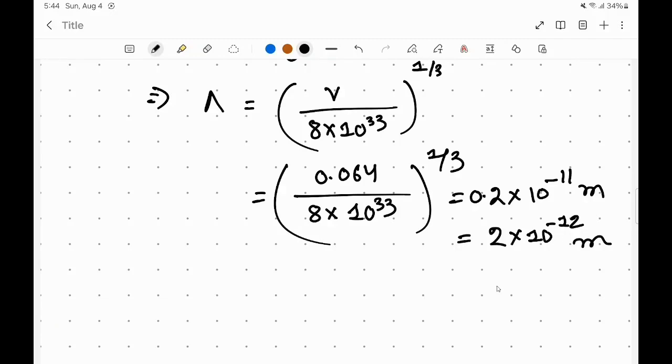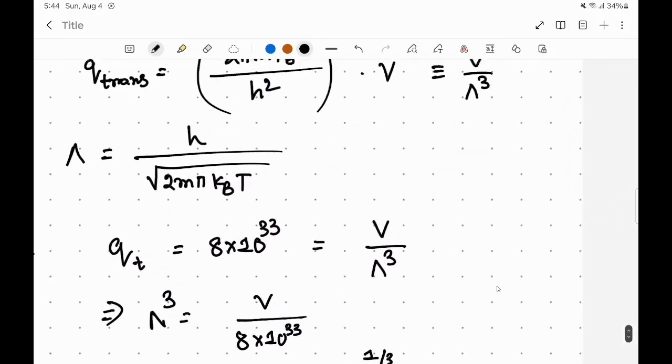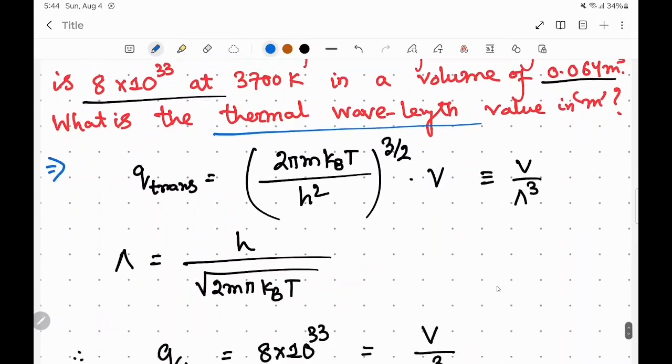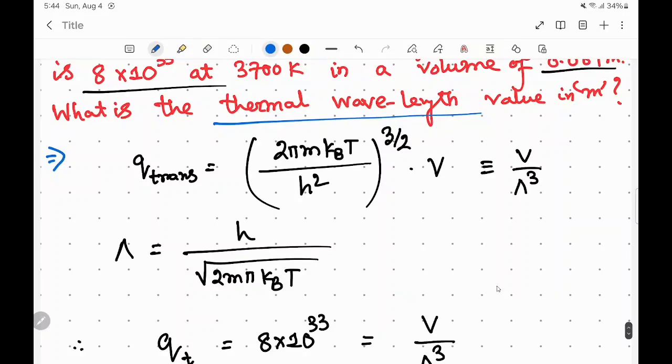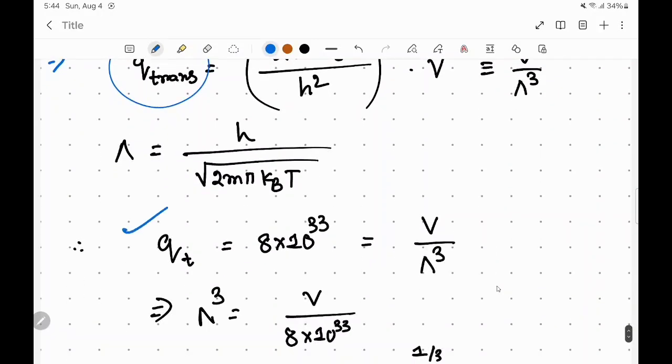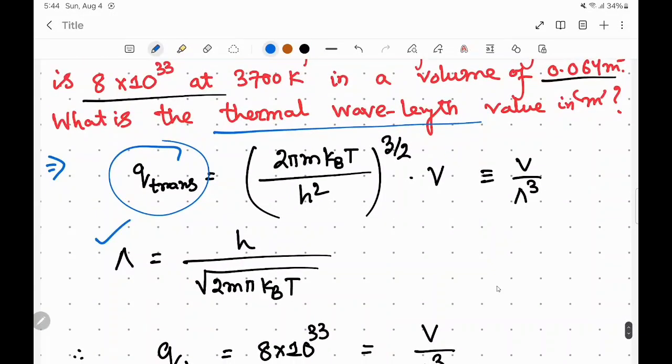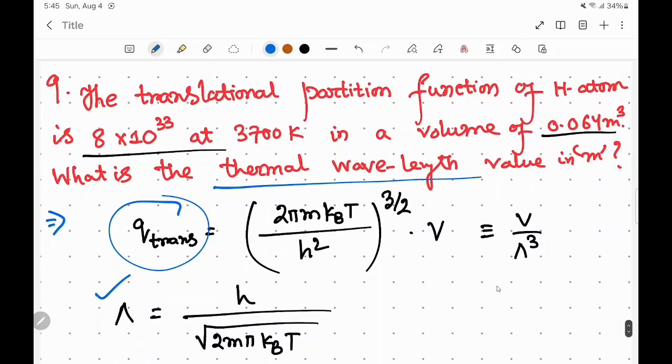This is very straightforward, but formula is the only discussion. You have to find the thermal wavelength. If 2 pi m k_B T is given, then you use that formula. But here the translational partition function is given, so you have to use this formula. Using the other formula, k_B you know, T you know, m you don't know. 2.016?